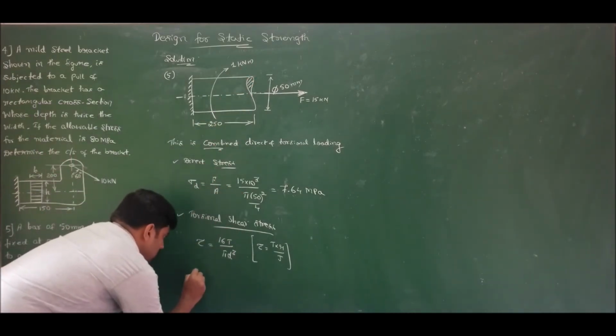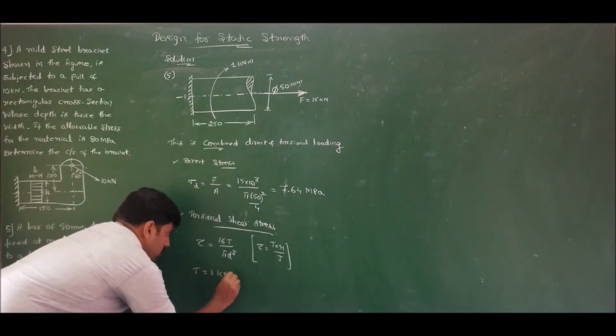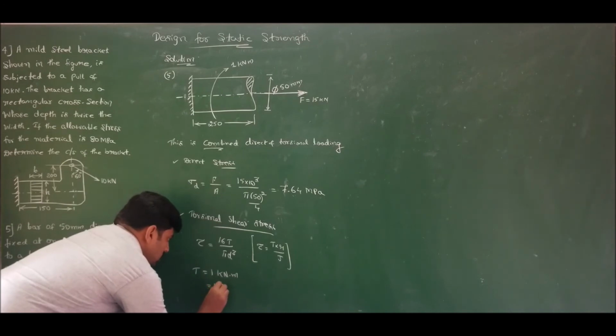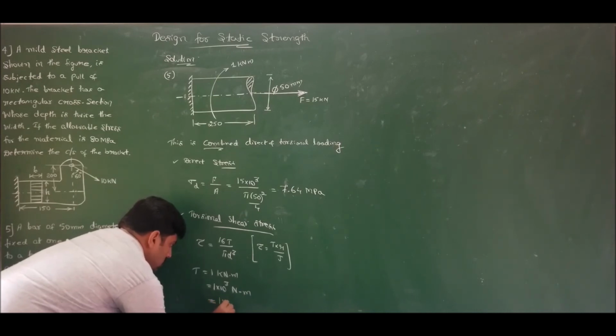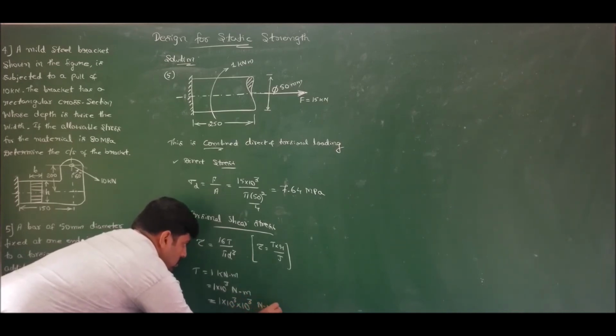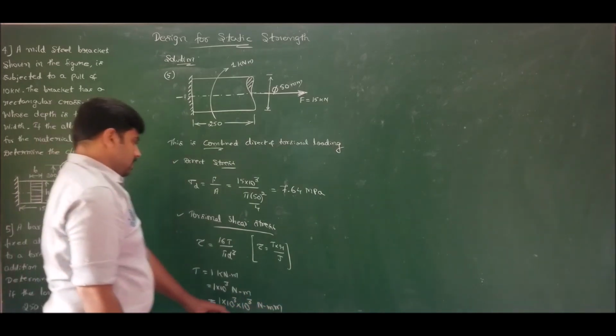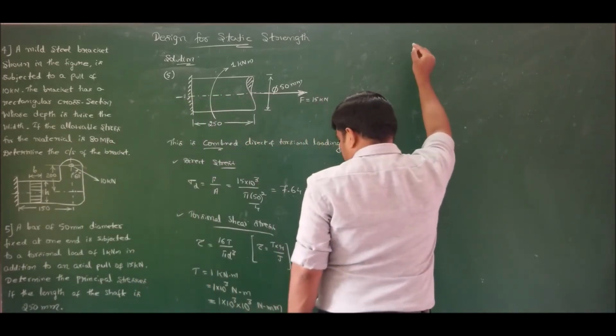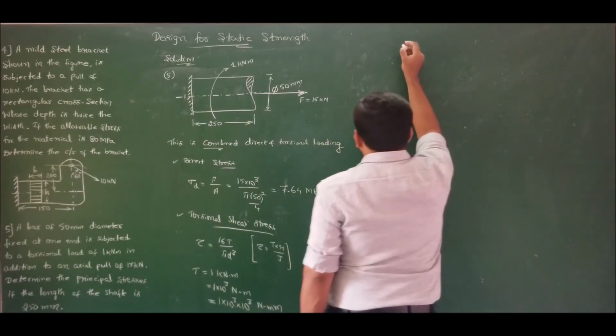T is in kilonewton meters, I should take it in Newton millimeters. So T is 1 kilonewton meter, which is equal to 1 into 10 to the power of 3 Newton meter, which is equal to 1 into 10 to the power of 3 into 10 to the power of 3 Newton millimeters. Therefore torque is 10 to the power of 6 Newton millimeters.